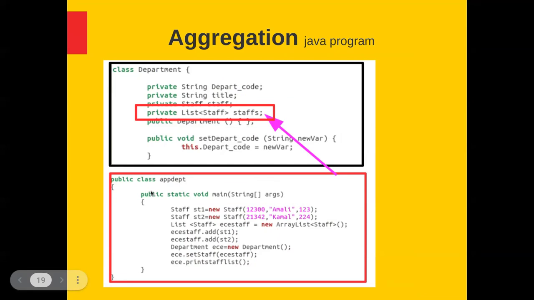Class Department. This is a class Department. Private department code, title, staff, and private list. You can create objects like this.